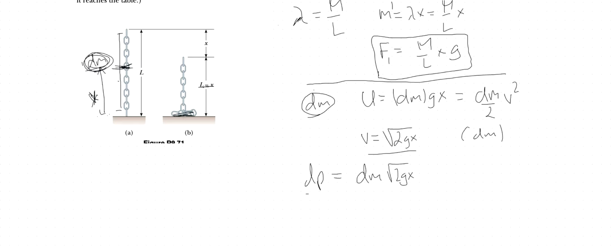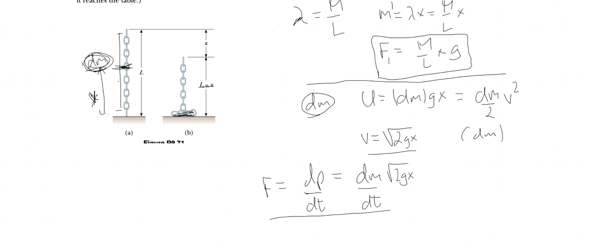Now what we want to do is to calculate a force. And how do we calculate a force? To turn this into a force, we have to divide it by an infinitesimal time. Why?